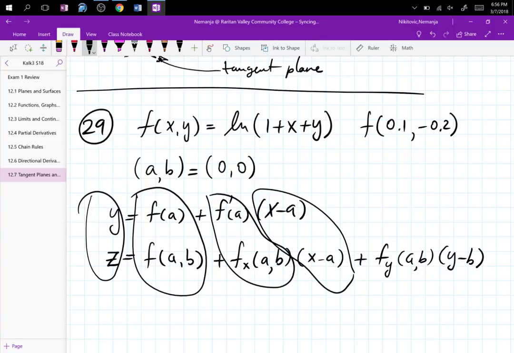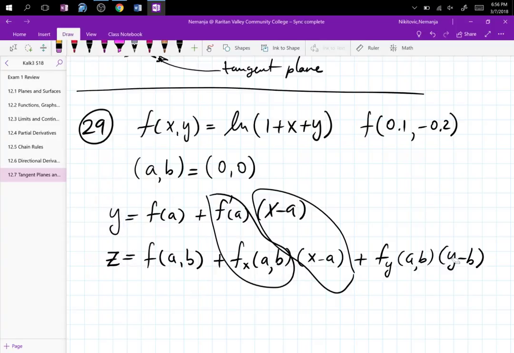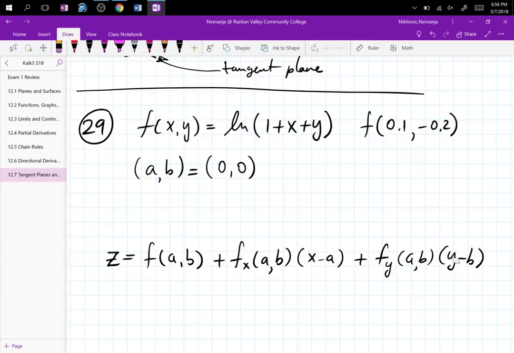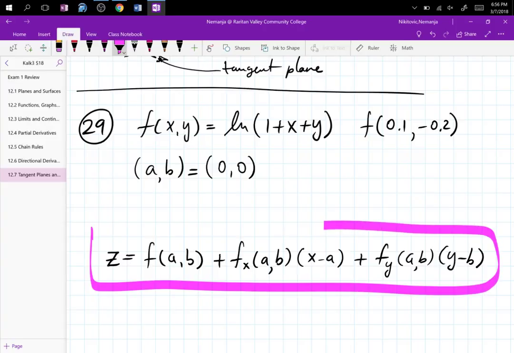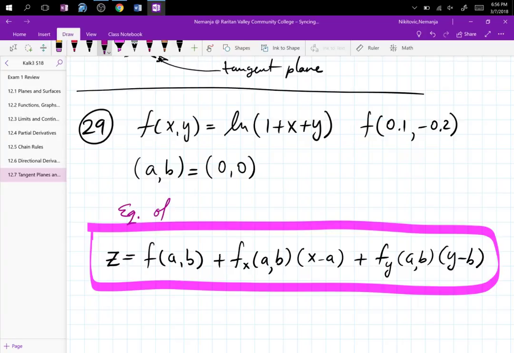So I'm going to get rid of the Calculus 1 part, and I'm going to heavy box this here, say equation of the tangent plane.